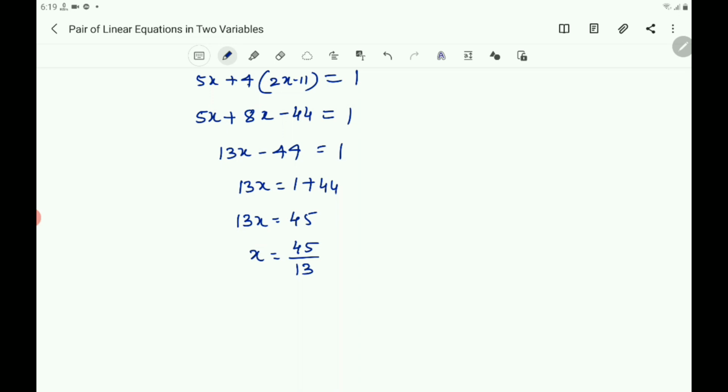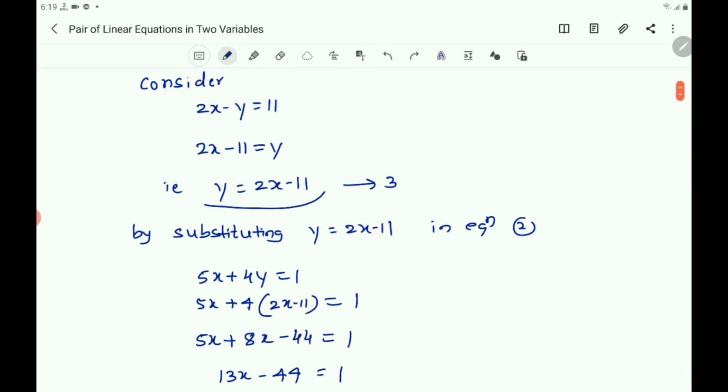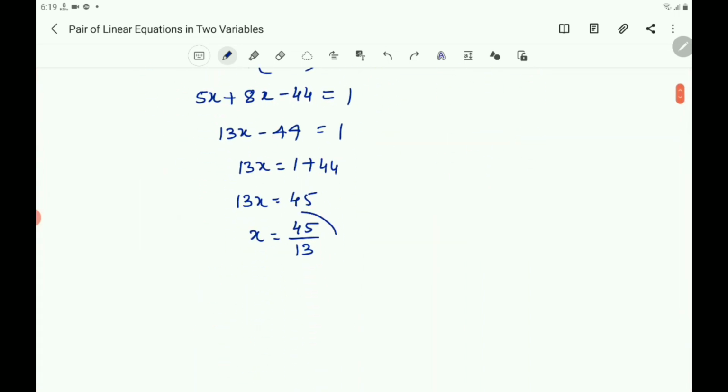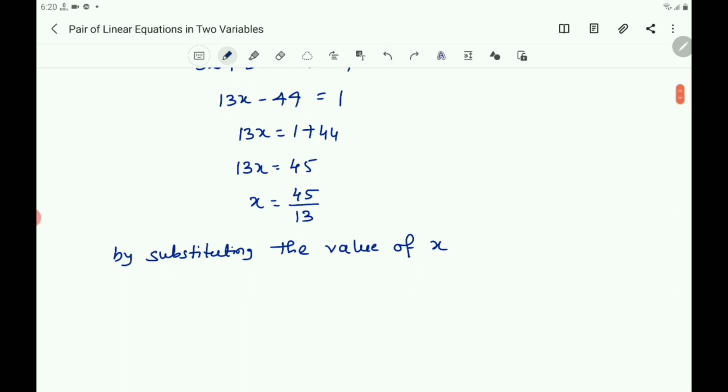Now here you got the value of one variable. And here y equals 2x minus 11. Then you put the value of x in the third equation by substituting the value of x, that is 45 by 13, in equation 3.